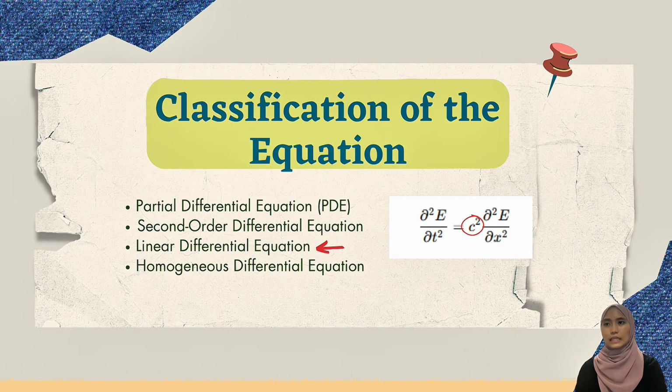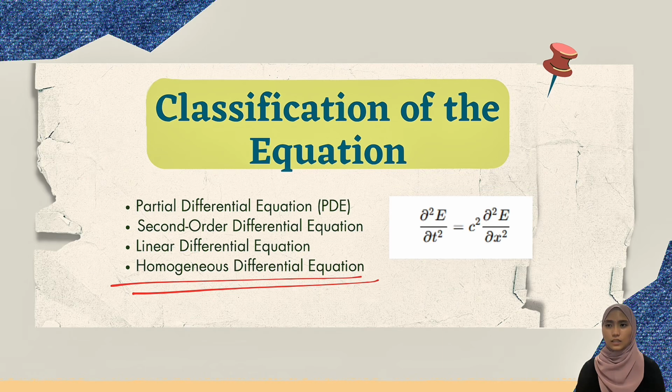Third, it is linear because E and its derivatives appear only in first power without any product or higher power. For the last one, it is homogeneous because it contains no extra terms apart from E and its derivatives.